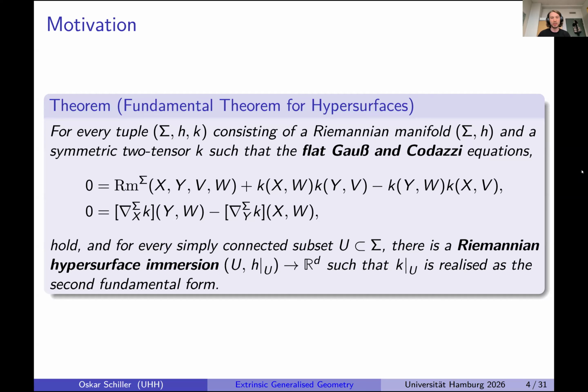In fact, this immersion is unique up to a point that you have to choose. So you have to relate one point of your hypersurface to one point in the ambient space, and then also an orientation.